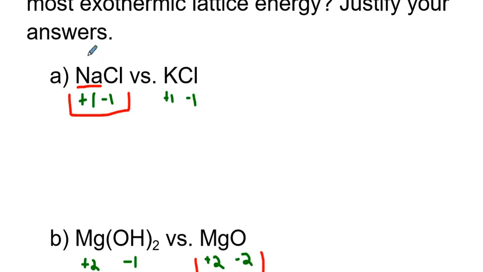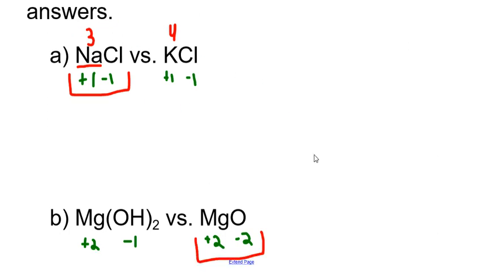And that's just because this guy is in period 3, and this guy is in period 4. So there's quantum number 3 here, quantum number 4 here. So smaller total element. Here, now we do have a difference in charges. So we have magnesium, which is a +2 in both cases. The hydroxide here is only a -1.